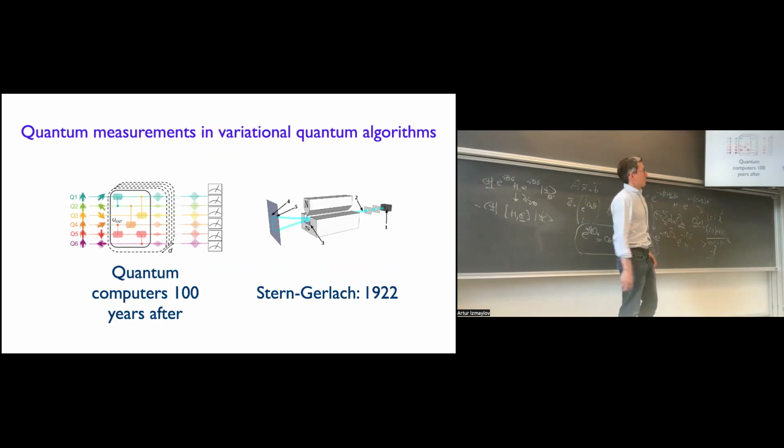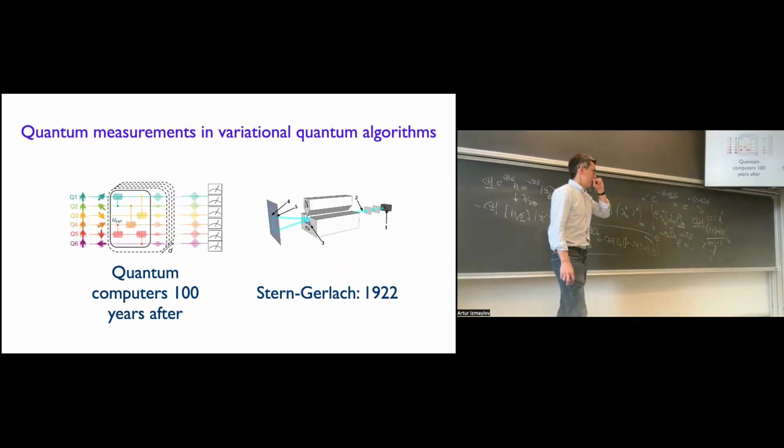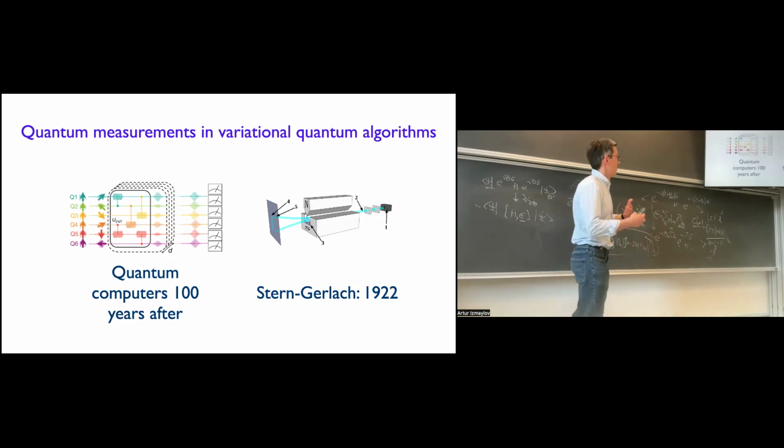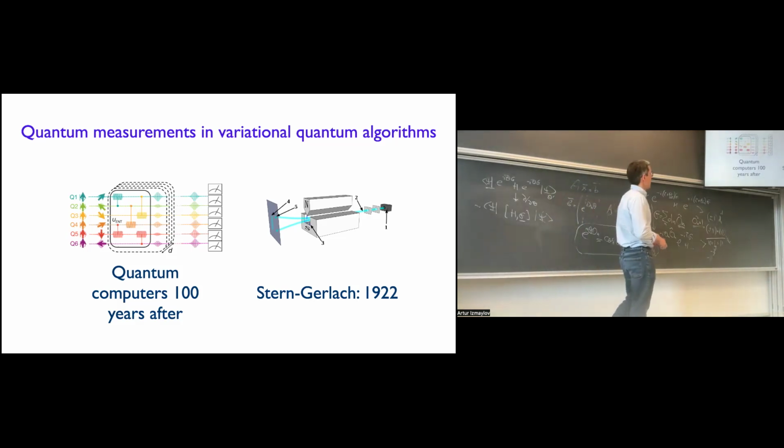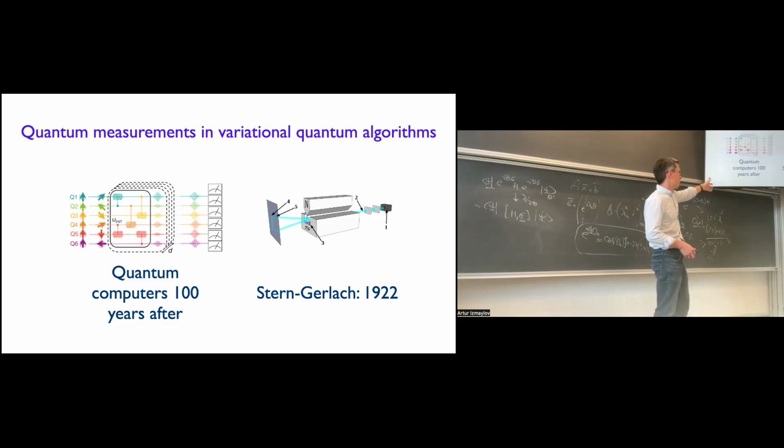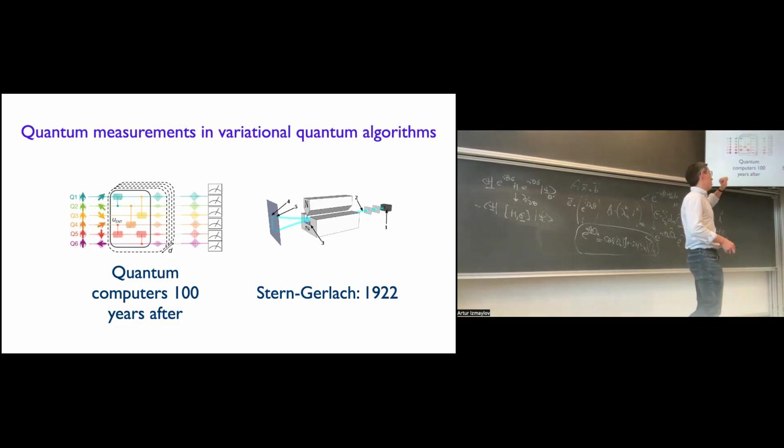All right, with that, let me switch to the next topic, which is how we do the measurement in near-term architectures. What I want to point out from the beginning is that what we have in quantum computers right now is very similar to what Stern and Gerlach did 100 years ago.